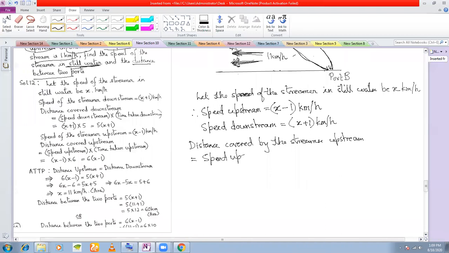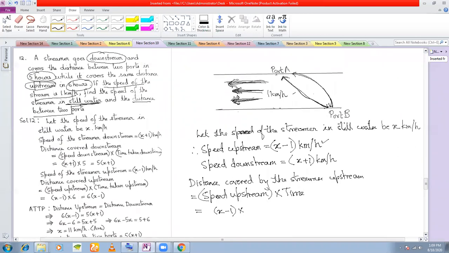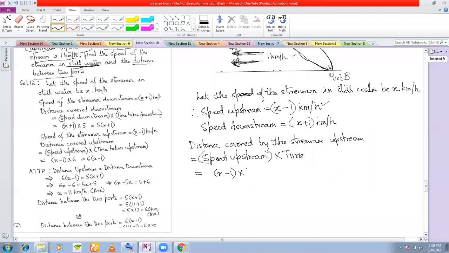So speed upstream into time. What is the speed upstream? x minus 1. And what is the time taken upstream? See, in the problem it's given. The time taken upstream is 5 hours. So multiply this by 5, and you simply get 5 into x minus 1.